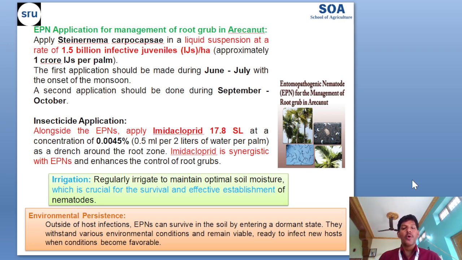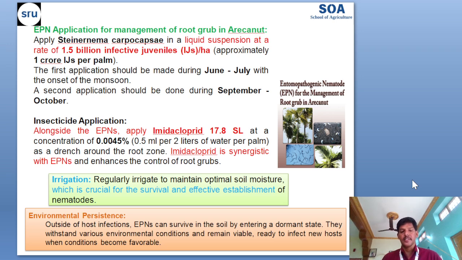One important noting point: during nematode application, regularly irrigate the field to maintain optimum soil moisture. Why? Because it is a must, crucial for survival, effective establishment of the nematodes and their movement from one place to another place.